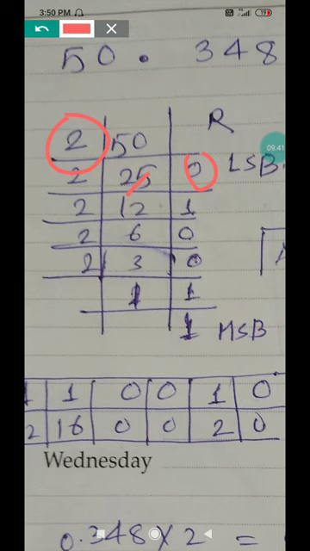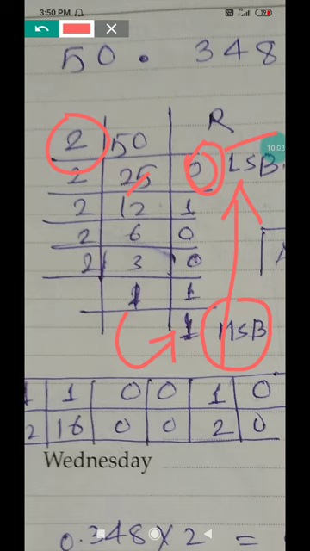Now what you have to do is you have to note this number in this sequence from bottom to top. The number which is at bottom is called MSB and the one which is at the top is called LSB. Here one more thing, you have to copy this one as it is at this place, because you cannot divide one any further.